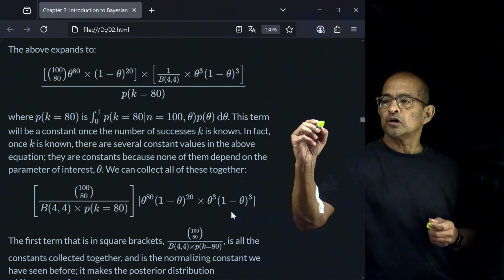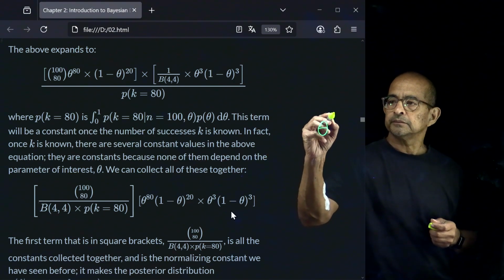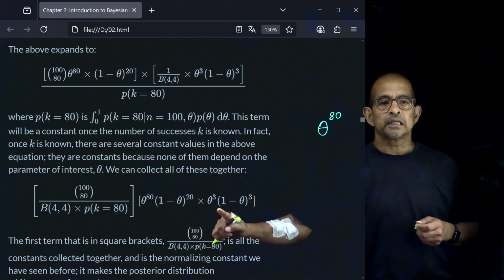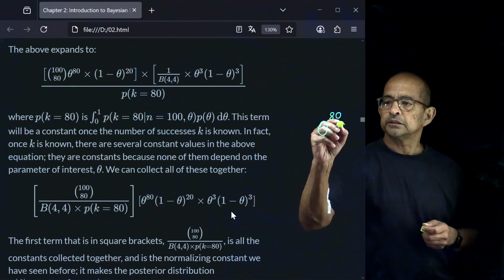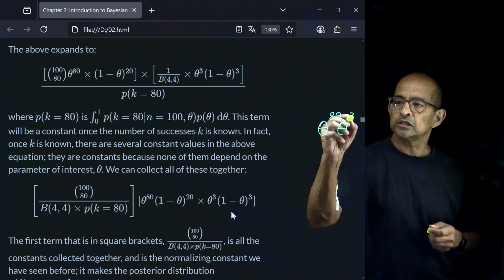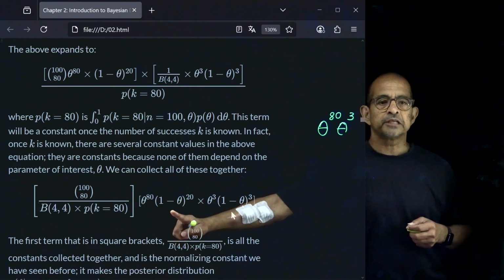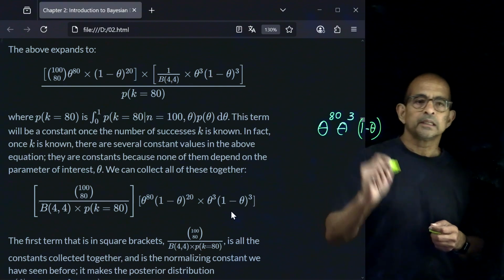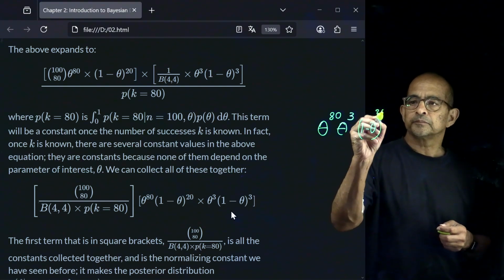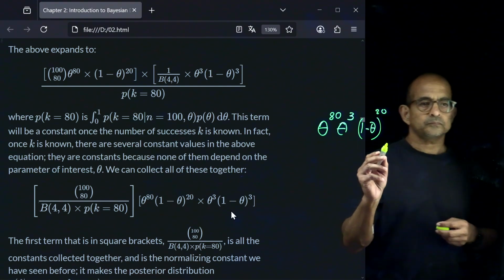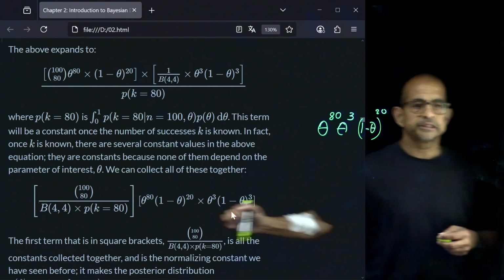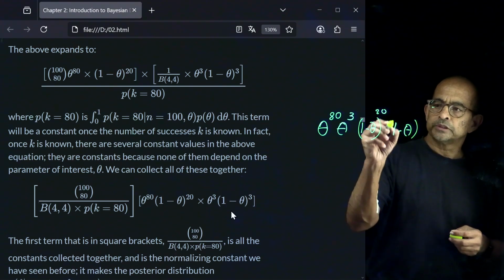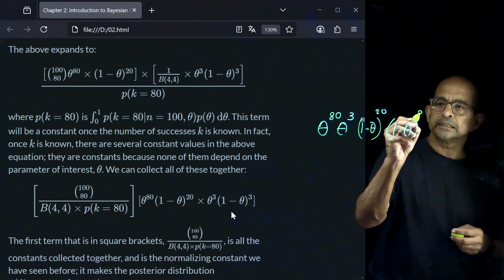I've got theta to the power of 80, that's this term here, and I'm going to take this term and put it alongside that theta, so theta to the power of 3. Now I concentrate on 1 minus theta to the power of 20, and I'm going to multiply that by this 1 minus theta to the power of 3, which comes from the prior.